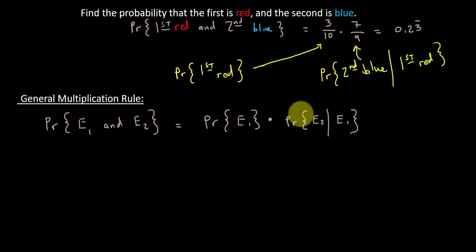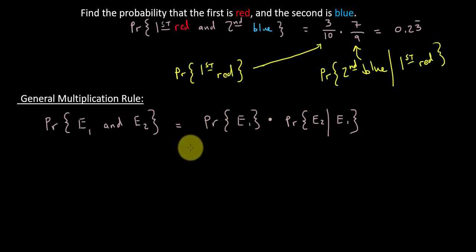You can sort of track back all the little bits and pieces here to our marble example, where E1 was the first marble red, E1 probability of the first marble red, and E2 is the second is blue, which was right here. So hopefully that makes sense.